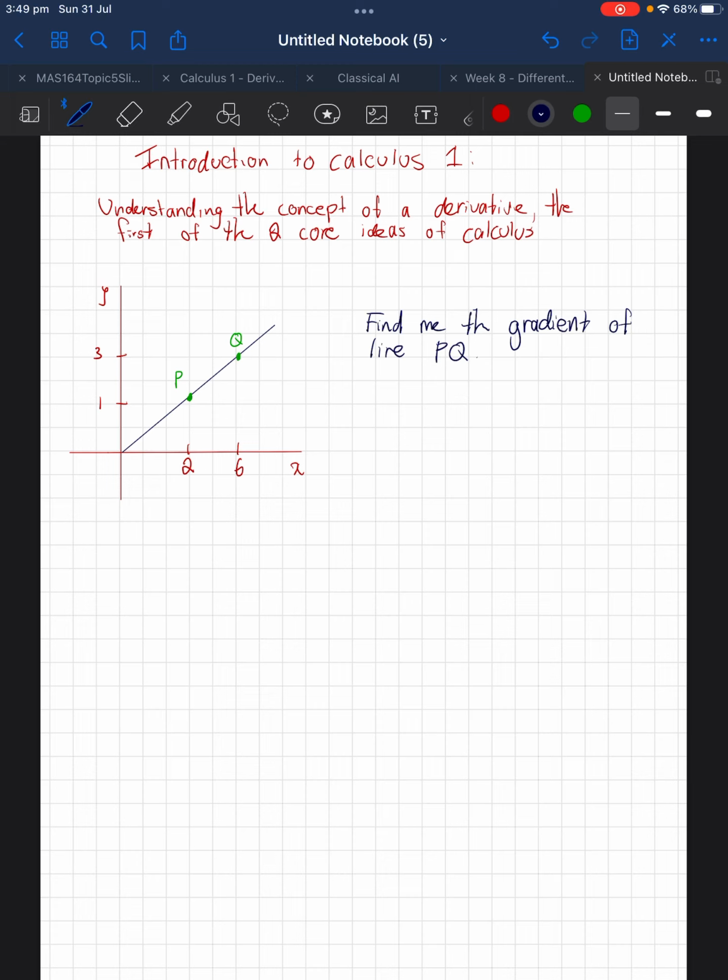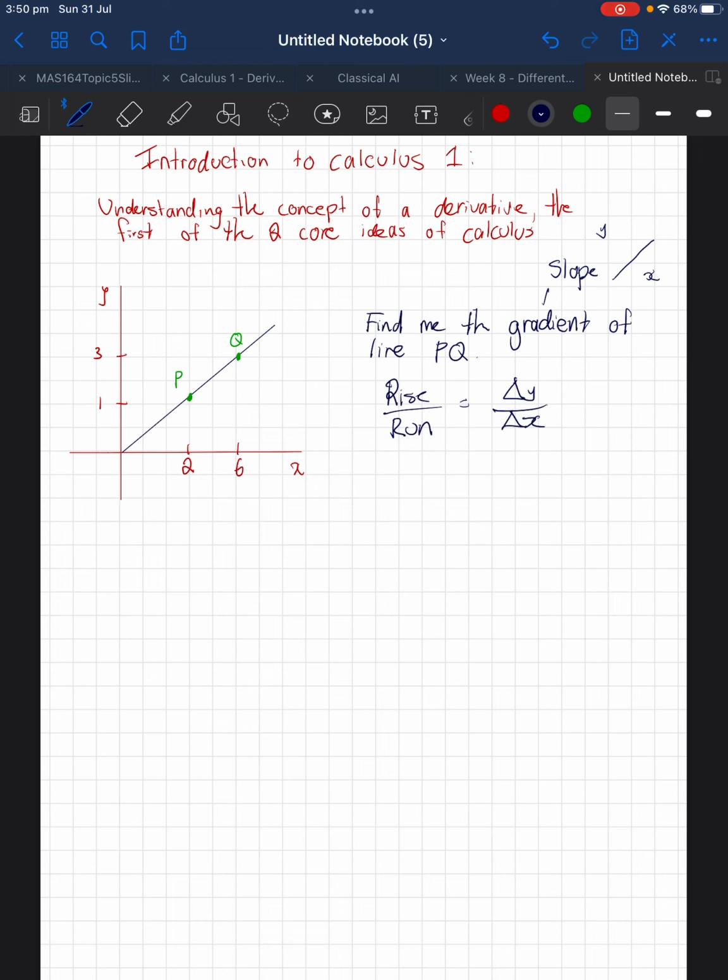Now, the gradient means the slope. So how much y increases as x increases by a certain value. Now, you may remember, to work this out, it's just the rise over run formula, which equals the change in y over the change in x. So that little triangle just means the change in.